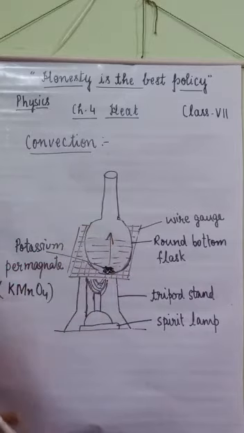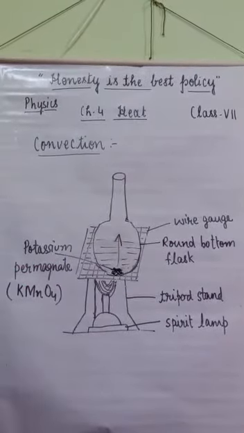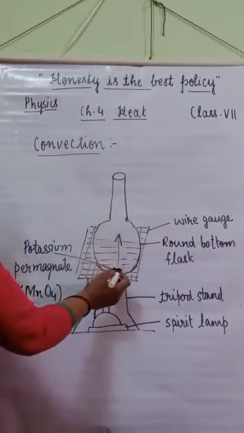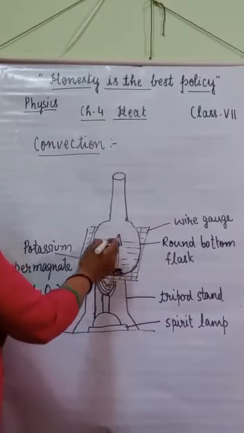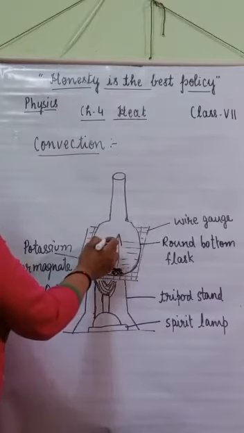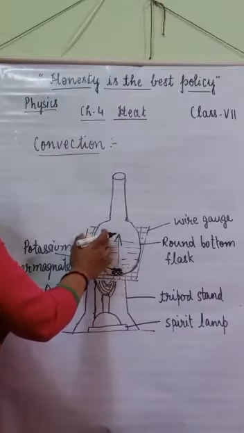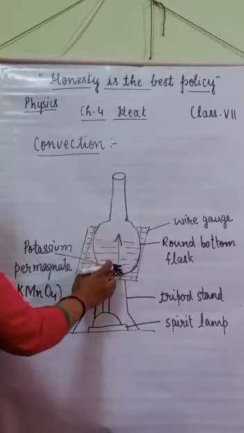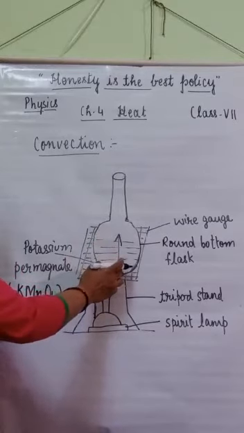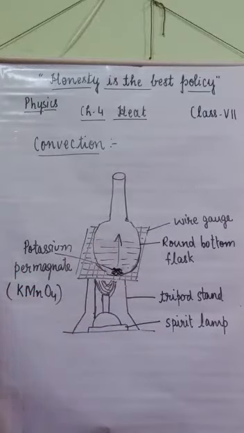Hot water rises up, and as it rises up, there becomes some empty place as cold water from the top moves downwards to take the empty place, and this process continues till the whole water becomes hot.